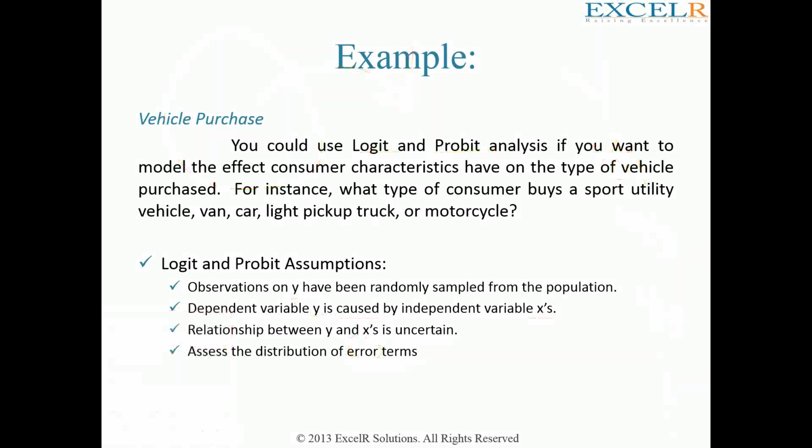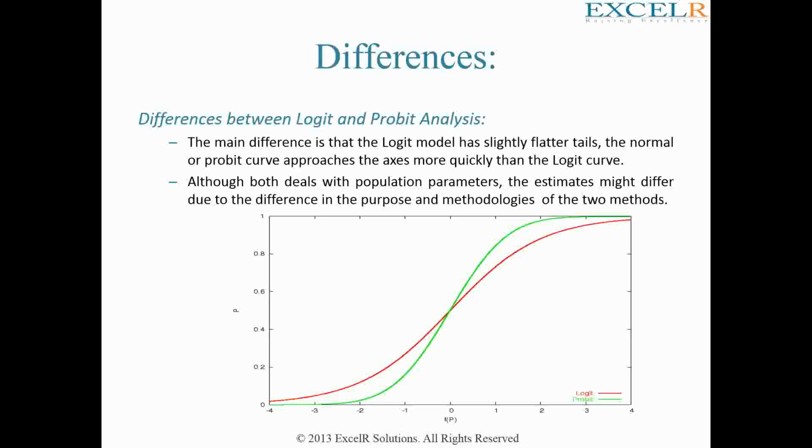All right. So what is the main difference between these two? Your Logit model has slightly flatter tails. Here, Logit, slightly flat, right? And the normal or Probit curve approaches the axis more quickly.